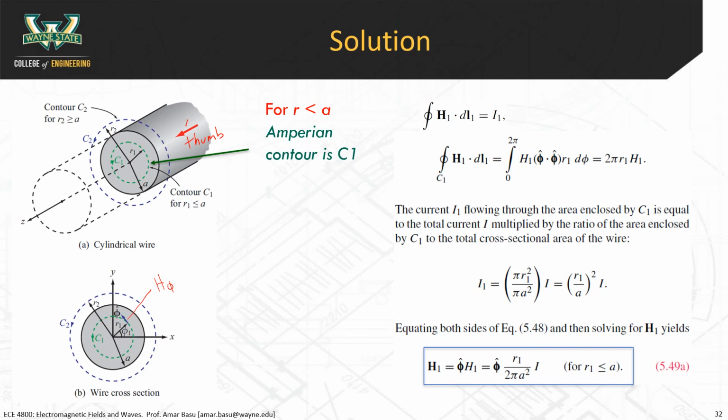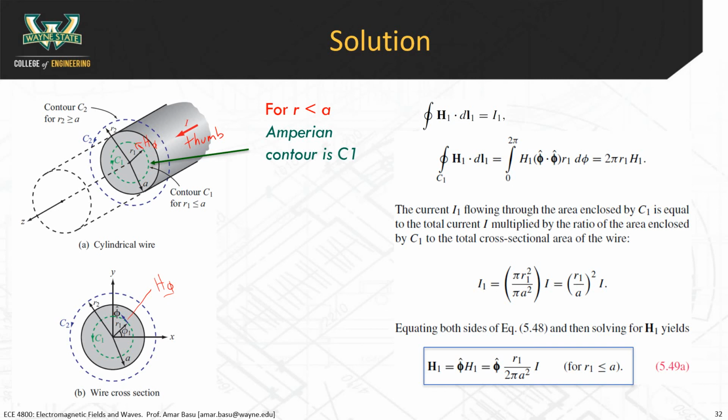This is the intuition you have to have when solving these problems. Whatever direction the current is going, there's going to be a magnetic field going around it. So if your thumb is going in this direction, then the magnetic field vector, H phi, is going to be going around in a circle like this. That is the key intuition, and it's also shown here on the second portion.